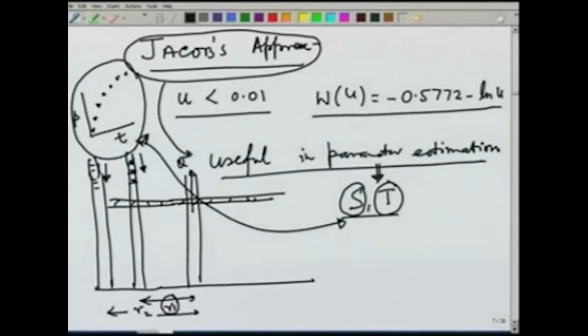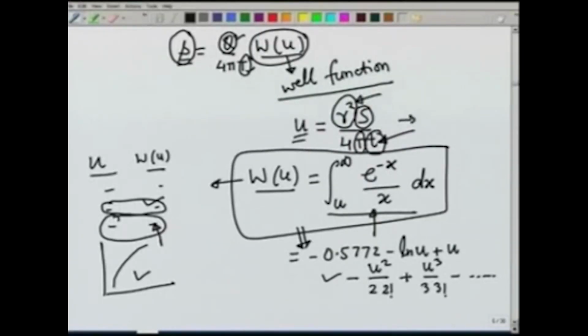And if you look at the definition of u, it is r squared S over 4T. So, individual values of r and T are not important. This r squared over T factor is what will affect the drawdown.